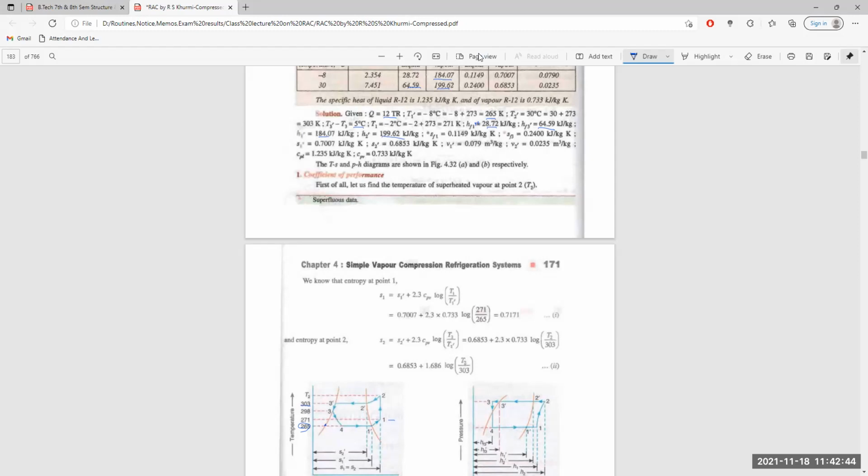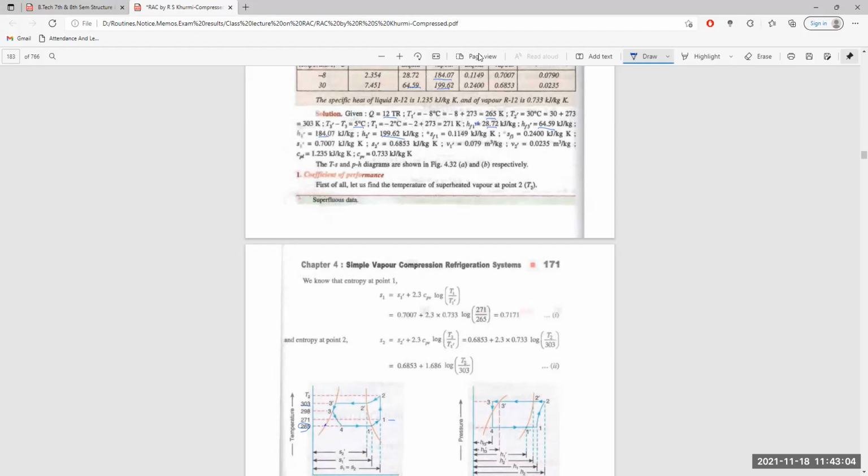H2 is the enthalpy at dry saturated, given as 199.62, right?